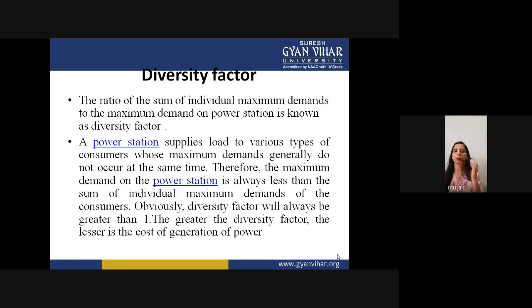Therefore, the maximum demand on the power station is always less than the sum of individual maximum demands of the consumers.